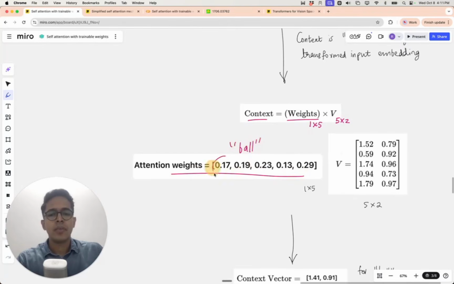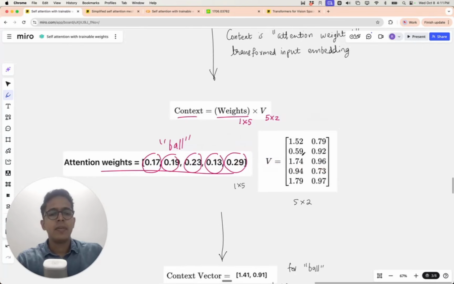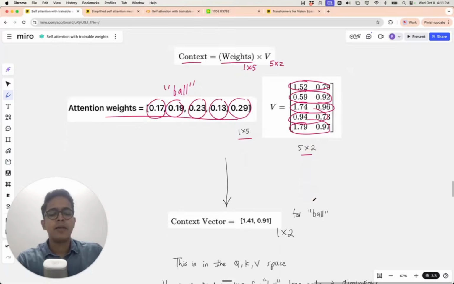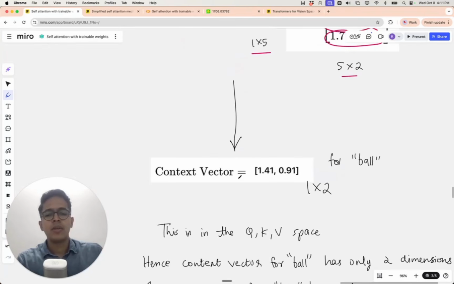This is how much attention ball should pay to dog, chased, and ball itself. And this is the value matrix, with the value vectors corresponding to dog, chased, the, and ball. 1 by 5 multiplied by 5 by 2 will be 1 by 2. So now this is the context vector for ball.